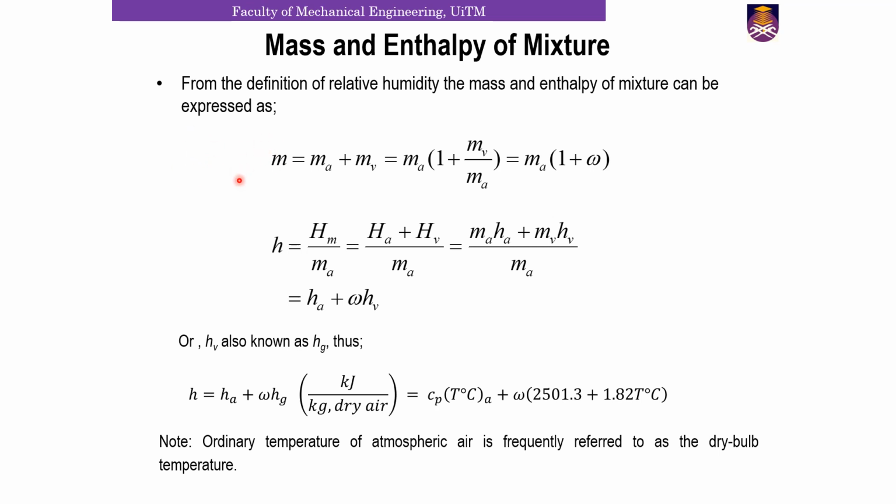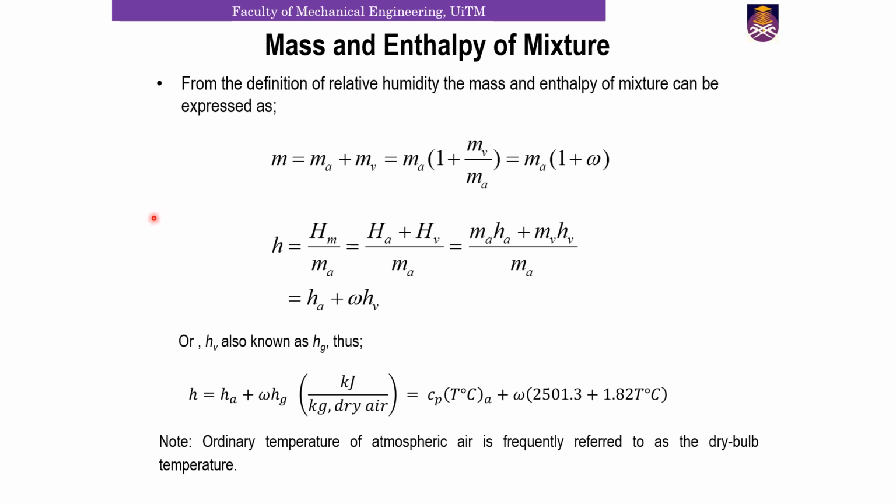If you factorize it to the mass of dry air, this will result in this formula, and based on the definition earlier, we know the mass of water vapor divided by the mass of dry air will result in your specific humidity. So the total mass of the atmospheric air can be written either in this formula, or you can calculate it based on this formula, where ma is your mass of dry air.